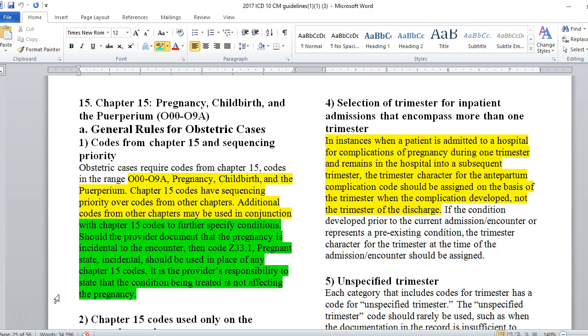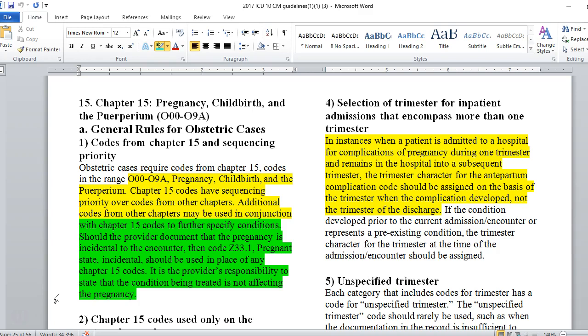Additional codes from other chapters may be used in conjunction with Chapter 15 codes to further specify conditions. So again, we're going to see certain conditions. For instance, pre-existing hypertension in pregnancy, that's an O code, but then we have to specify what type of hypertension as well. And so that's what we mean by codes from other chapters.